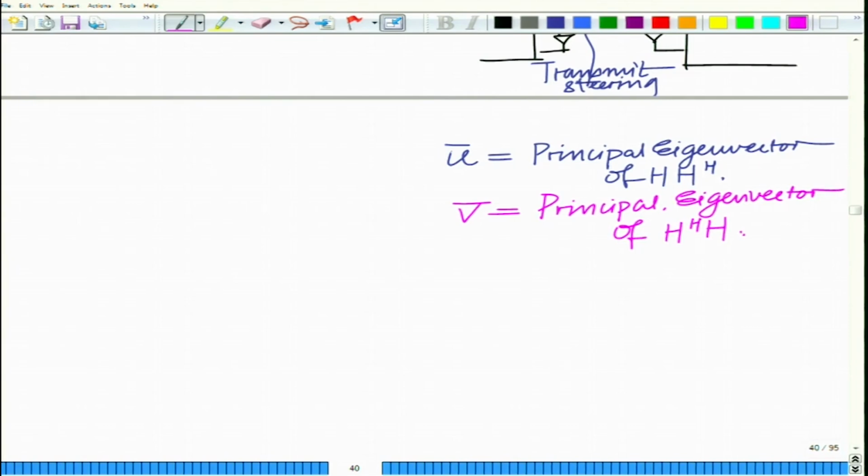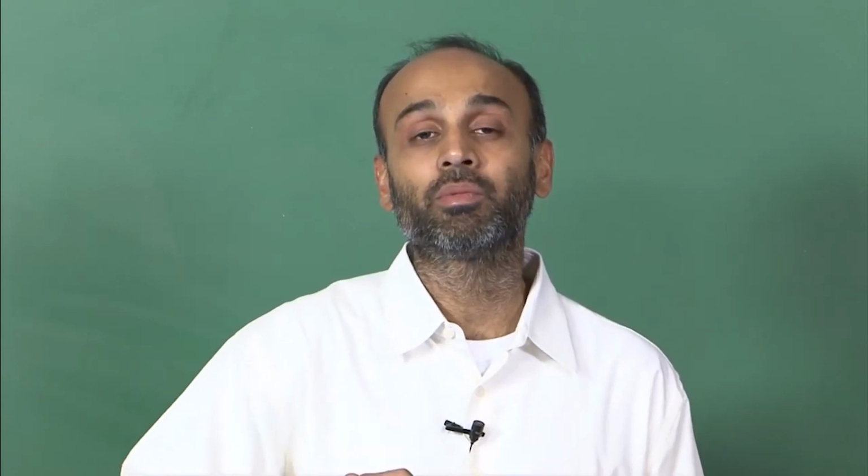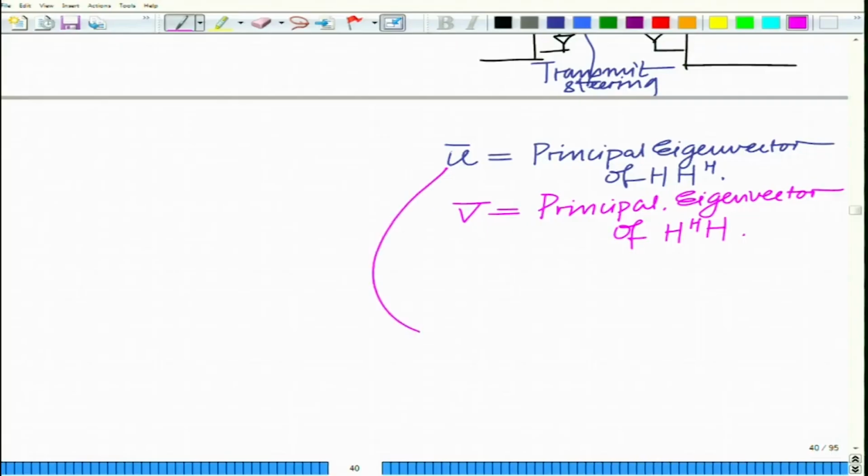Later we will see what is known as the singular value decomposition of the channel matrix, and it will turn out that U bar and V bar are in fact the dominant left and right singular vectors. U bar is the dominant left singular vector, which means the singular vector corresponding to the largest singular value, and similarly V bar is the dominant right singular vector corresponding to the largest singular value.